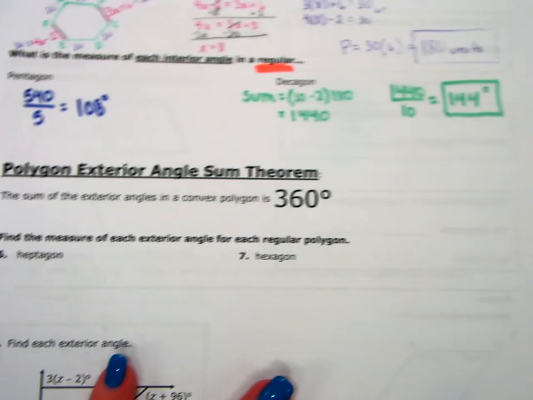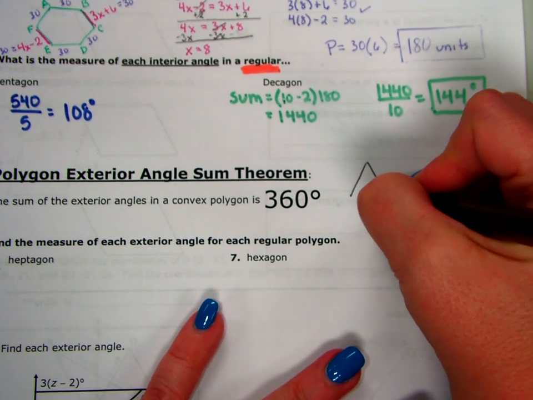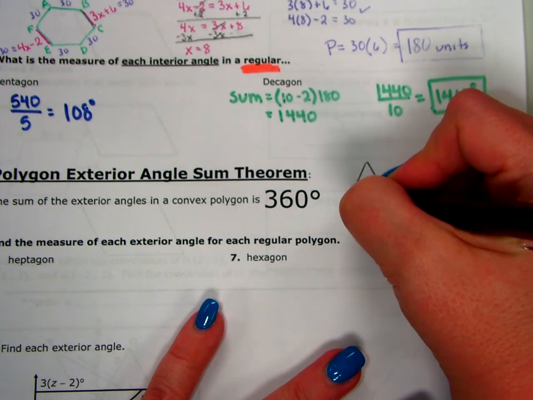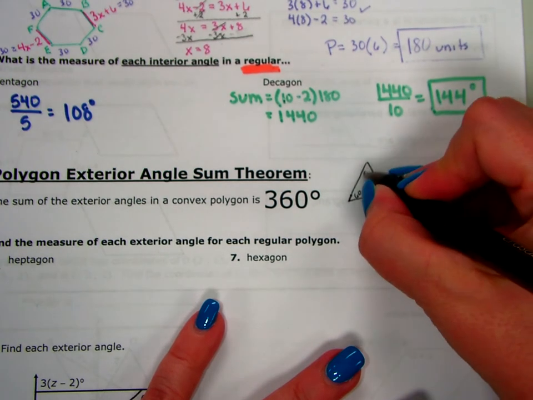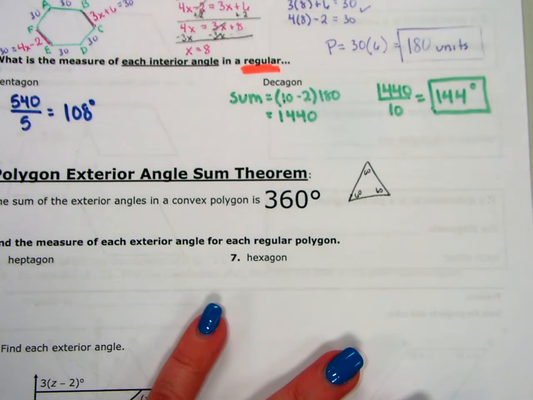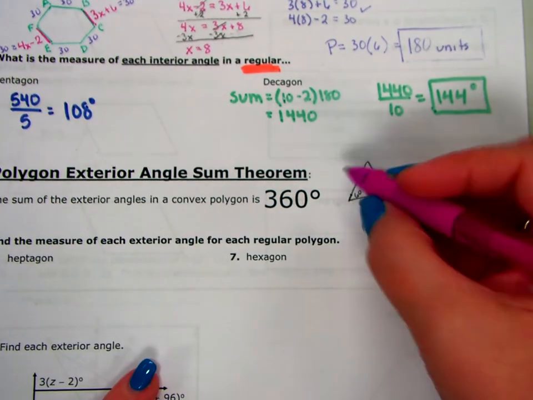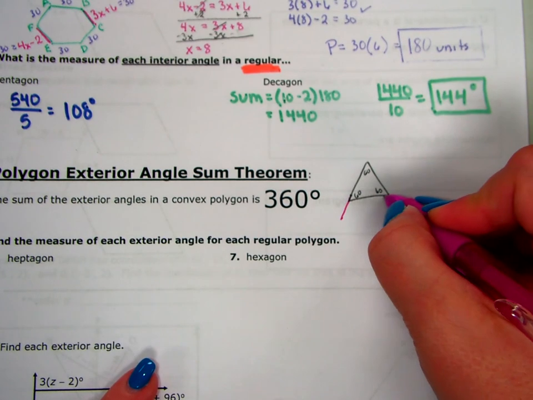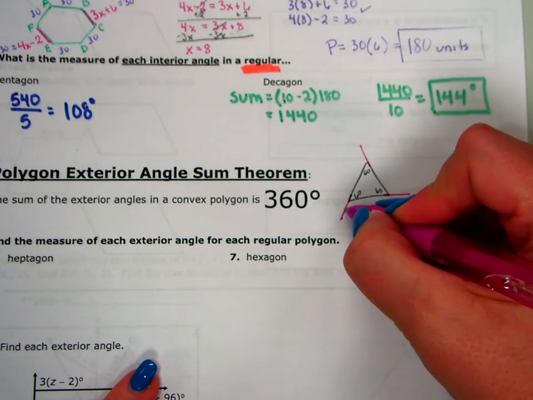So let's remind ourselves what it means to be an exterior angle. If I have a triangle that's equilateral, so it's regular, because it's the easiest one to work with, I know that the interior angles are all 60. If I were to extend one side at each corner, those would be my exterior angles.